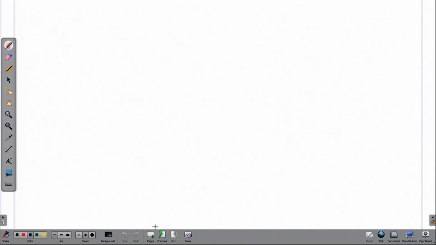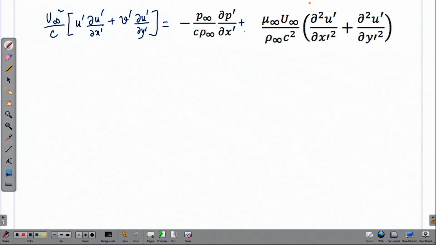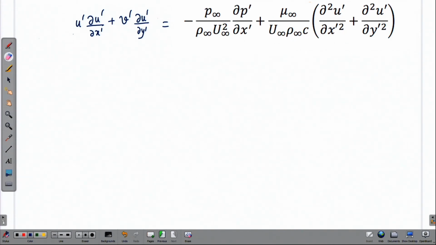Now, if you take the common terms out, then you can write it as... So, let us reorganize the terms on the right hand side.